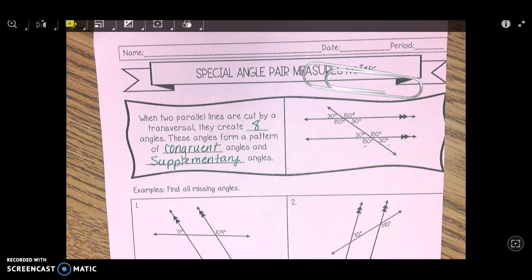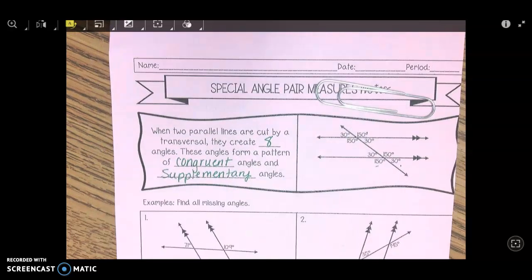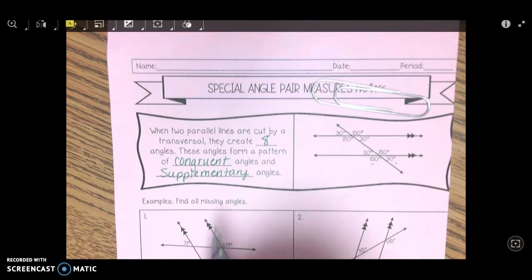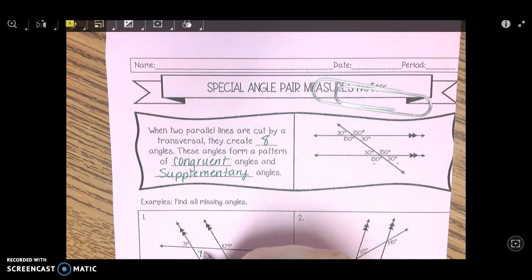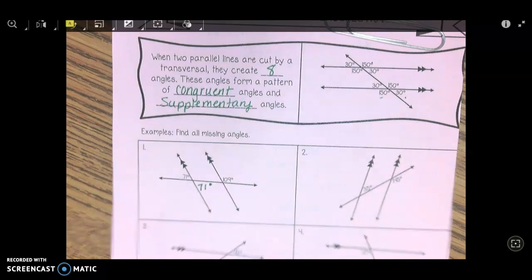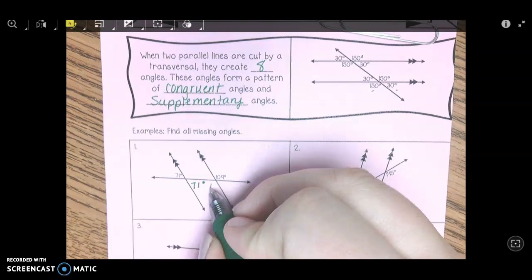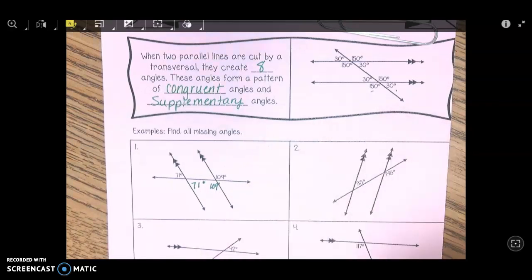So let's fill in the missing angles. On number 1, I would start with the vertical angles. So if this is 71 degrees, the vertical angle here would also be 71 degrees. If this is 109 degrees, the vertical angle there is 109 degrees.